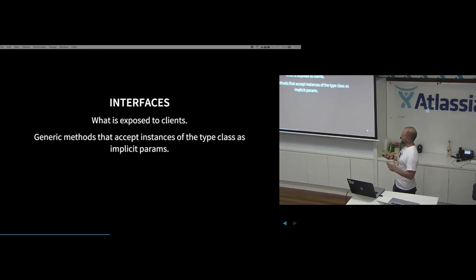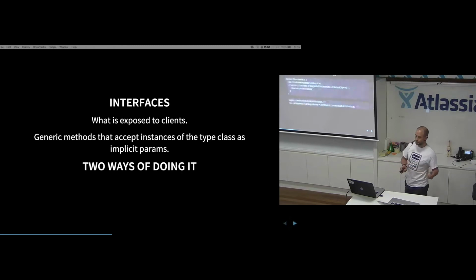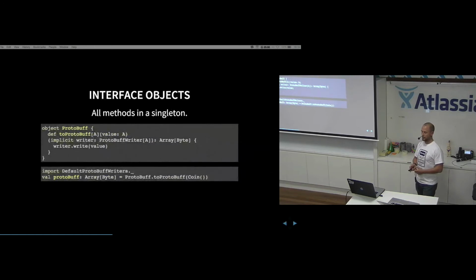We then have interfaces of what we expose to clients. There are two ways of doing this. The first way is to create interface objects. You create a standard object, and you create a method on that object which takes a value of type A. And then you also add an implicit parameter of a protobuf writer of type A. What will happen is that it'll look in the context and say, have you got anything in your implicit context which is a protobuf writer parameterized by type A?